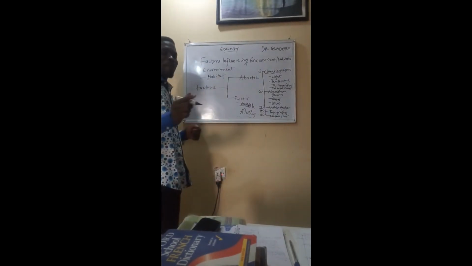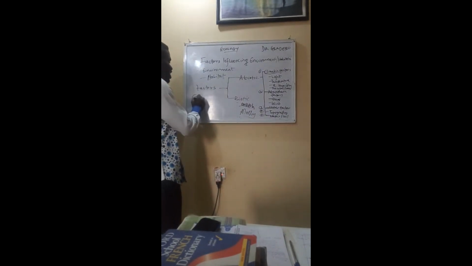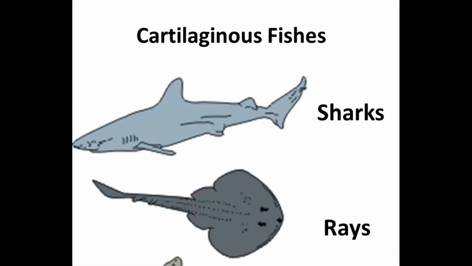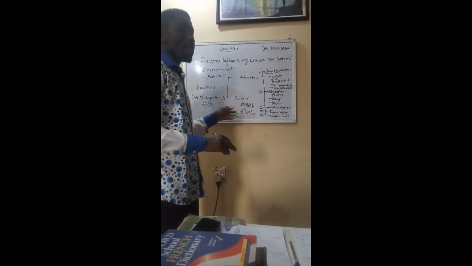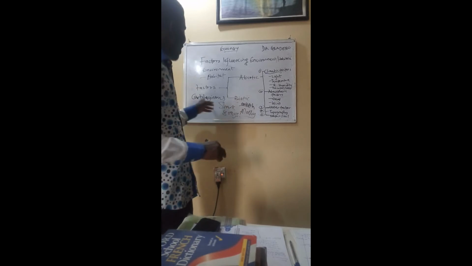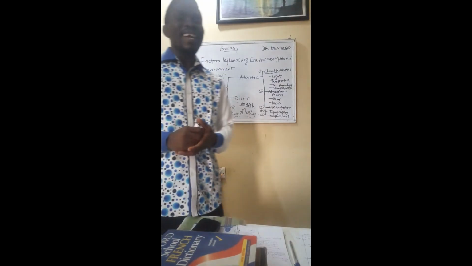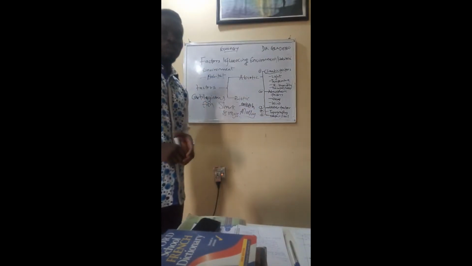And at this point, I want to mention that there are some marine organisms, cartilaginous fishes like sharks and rays. Even though they are marine and they live in a salt water environment, they are also osmoregulators.